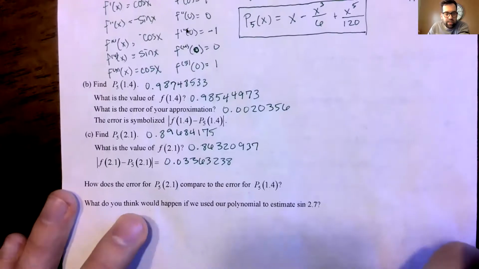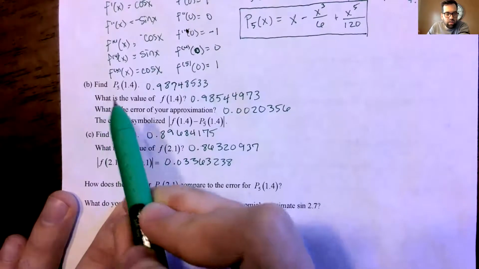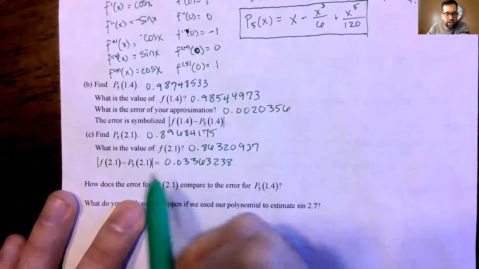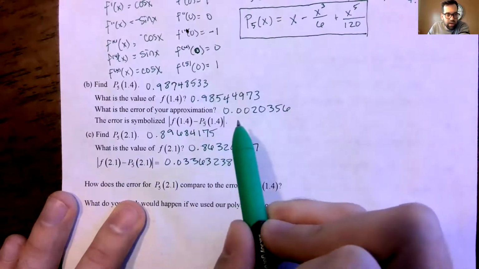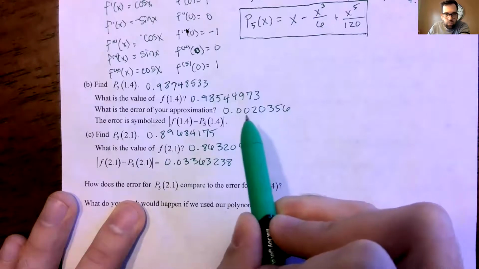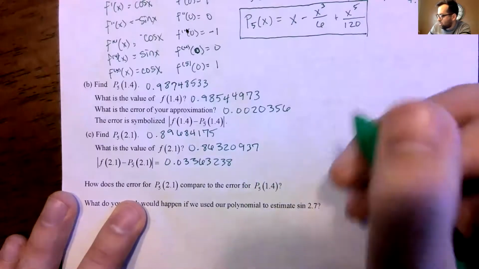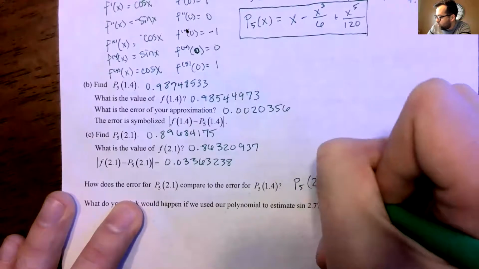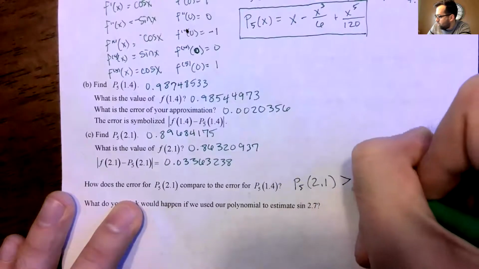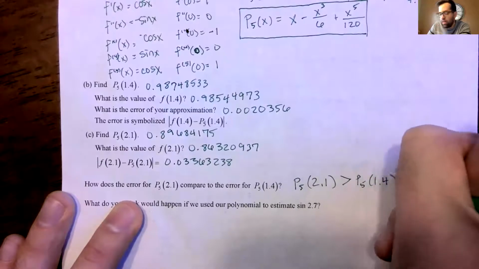So let's compare these. How does the error for 2.1 compare to the error for 1.4? And if we take a look at the errors, the error here in 1.4 is definitely smaller, right? So we could say that the error of P5 of 2.1 is greater than the error of P5 of 1.4.